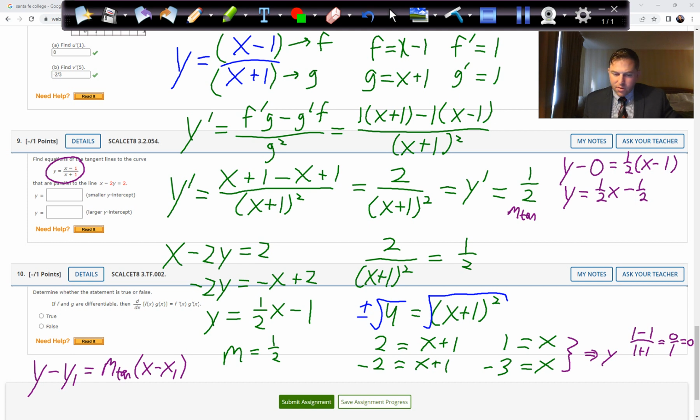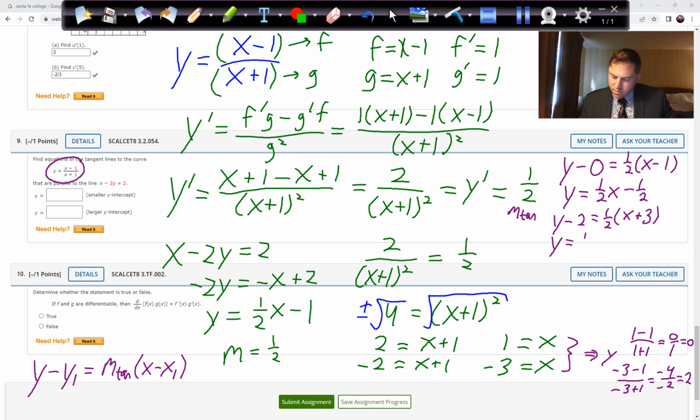Then we plug negative 3 into the original equation. So we get minus 3 minus 1 over minus 3 plus 1. Negative 4 over negative 2, which is positive 2. So we get y minus positive 2 equals 1/2 x. It's going to be minus 3, so it's going to be plus 3.